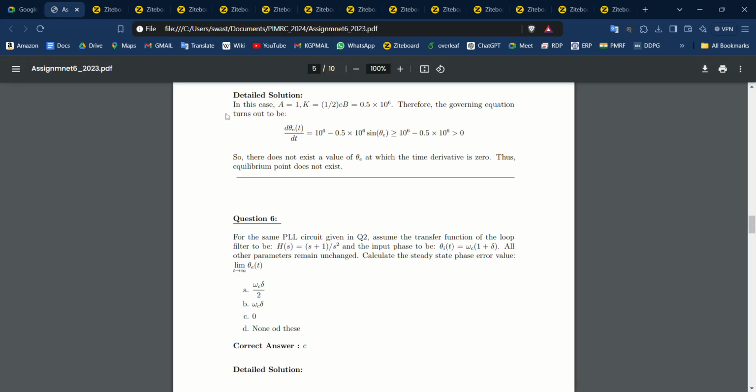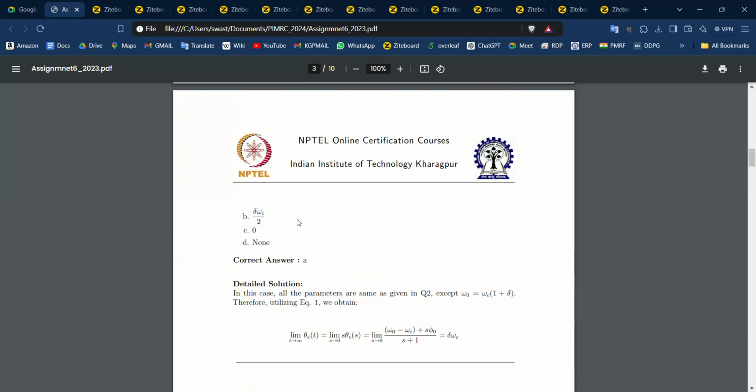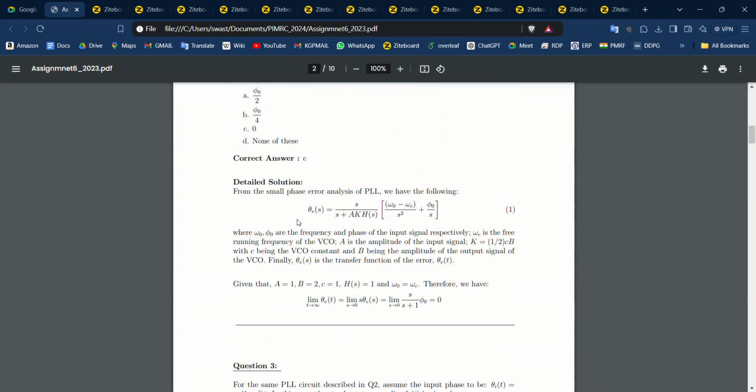Okay. For question 6, we need to go back to the small phase error transfer function.